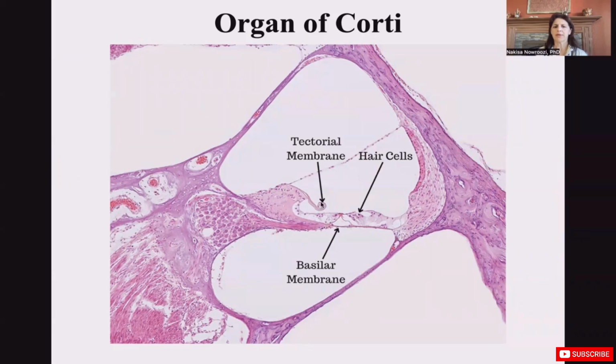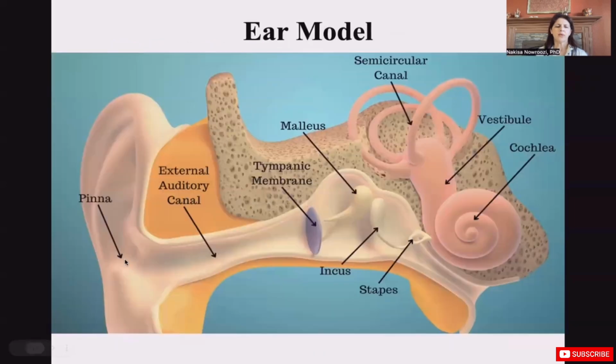This is the tectorial membrane. These are hair cells, and this is the basilar membrane. Basically, when the sound waves come through here, they vibrate the tympanic membrane. In turn, they vibrate these ear ossicles and amplify the sound.